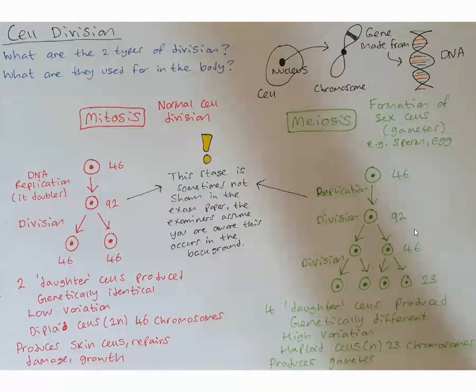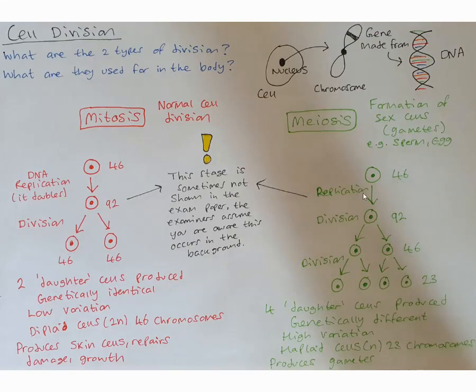Okay, and the main aim of meiosis is to make new cells that only have half of the information. So when we've got the sperm cell, we've got 23 chromosomes, and we've got the egg cell with 23 chromosomes. And when they combine during fertilization, that completes the set to the 46 we need. Okay? So we start off the same as we do in mitosis with the cell at the top here with the 46.